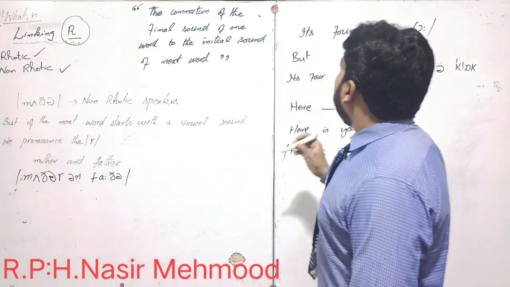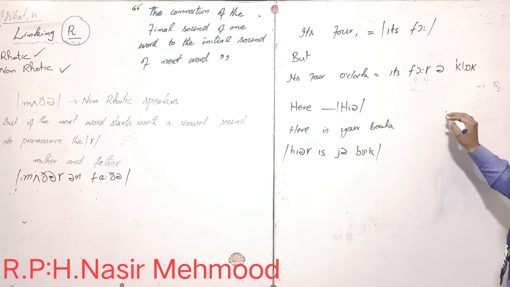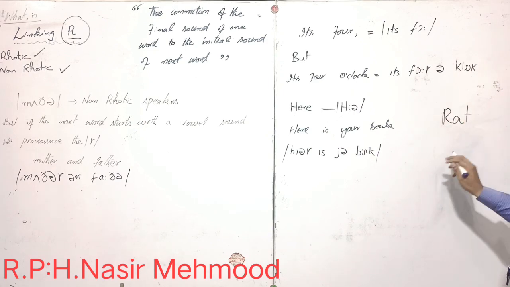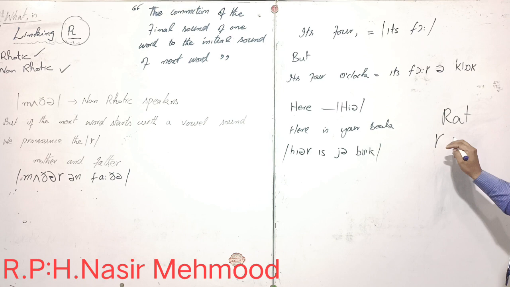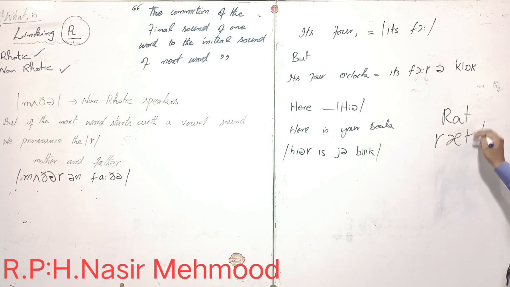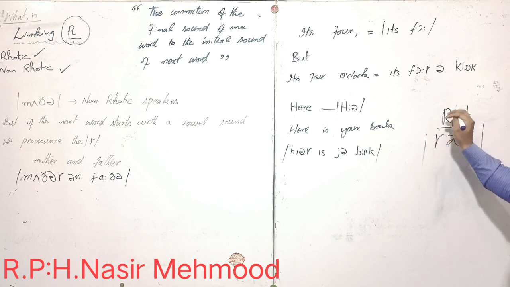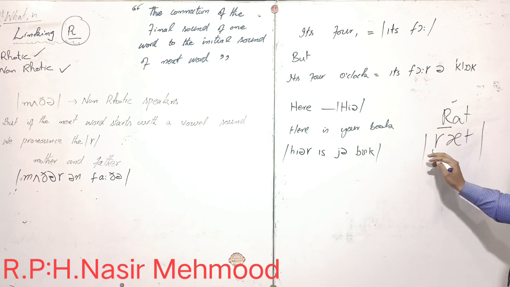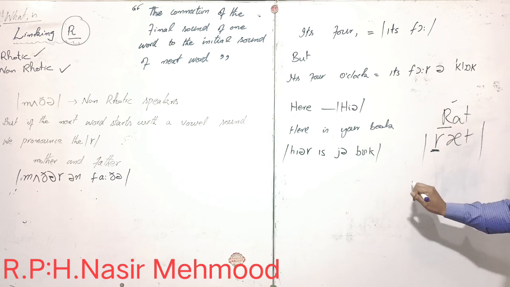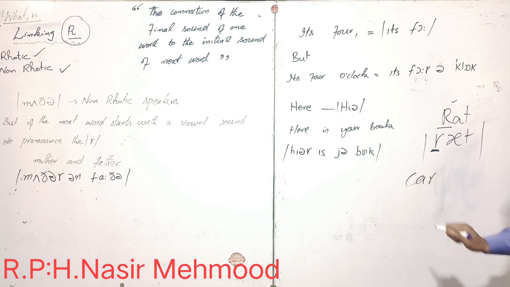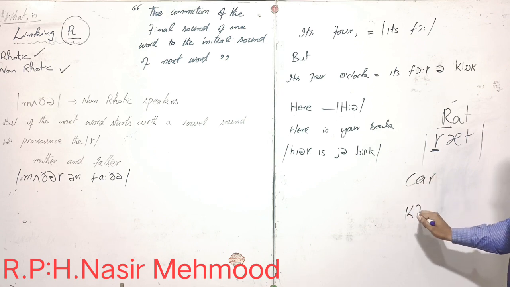For example, if I talk about the English language, here is the word rat. If I transcribe it, it would be like this: rat. So here the letter R is present, and the same pronunciation is also there. But the same R, when it comes in car, would be like this: car.